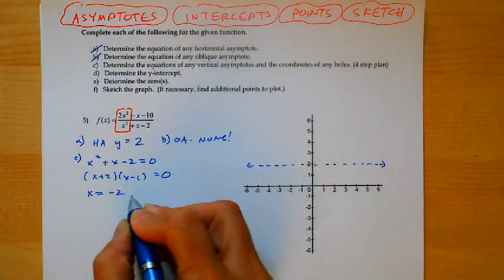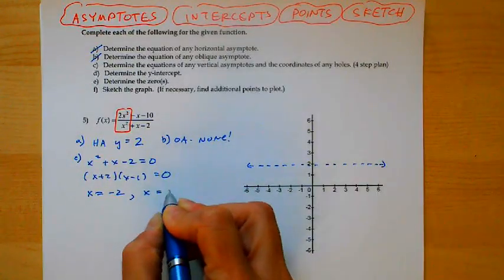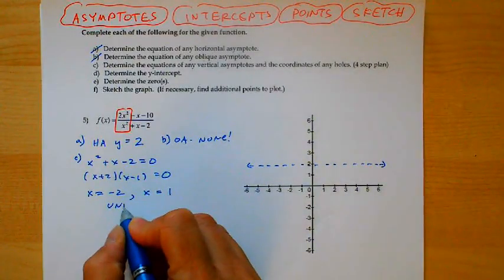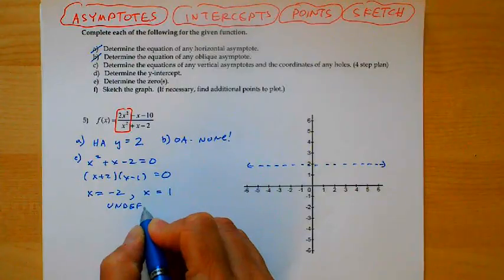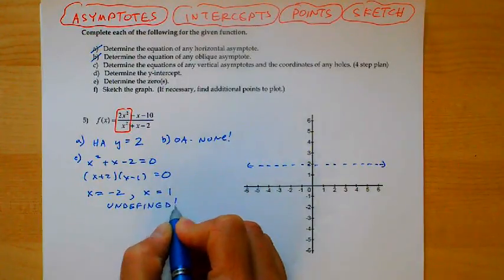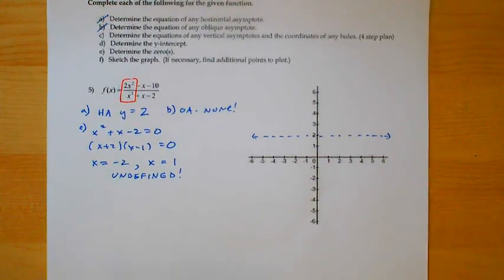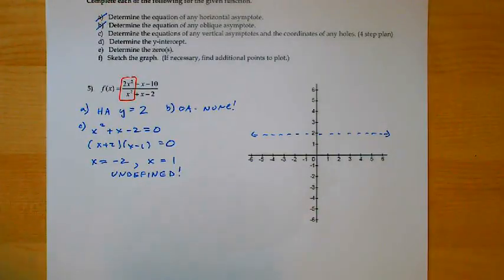And we come to the conclusion there are 2 values of x for which this function is not defined. And that means we've got to figure out what happens at these 2 locations. Is it going to be a vertical asymptote? Is it going to be a hole? That is definitely going to be something we'll want to know for the graph.